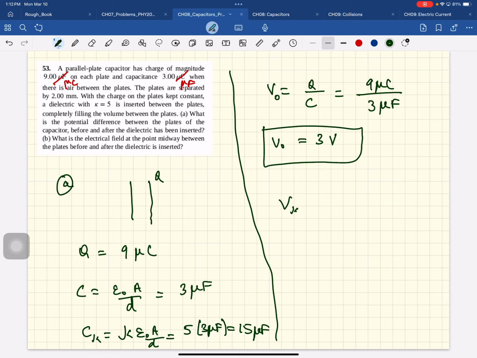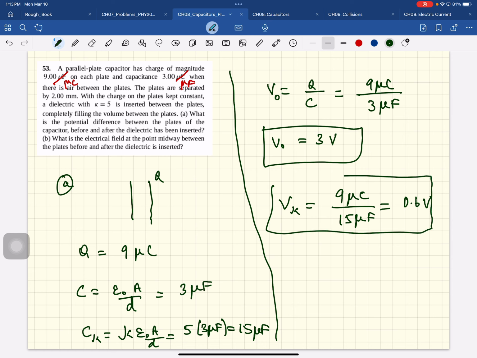And the voltage with the dielectric present, you're keeping the charge the same, and the capacitance now is 15 microfarads. So this is 3/5, which is 0.6 volts. Here's what happens.